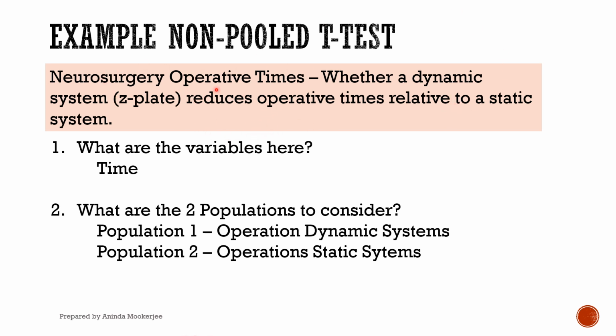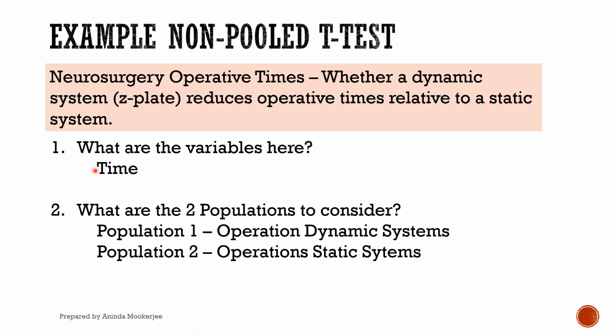So one method is to use the dynamic system method, and the other one is to use the static system. I don't know what those systems are, but let's just go with it. And they want to compare the time taken to perform each of these surgeries, and they want to know if the dynamic system takes less time than when using the static system.